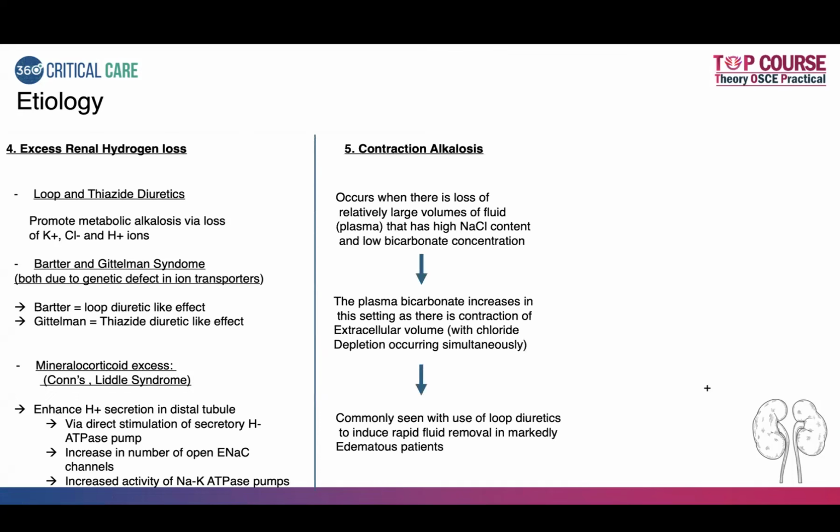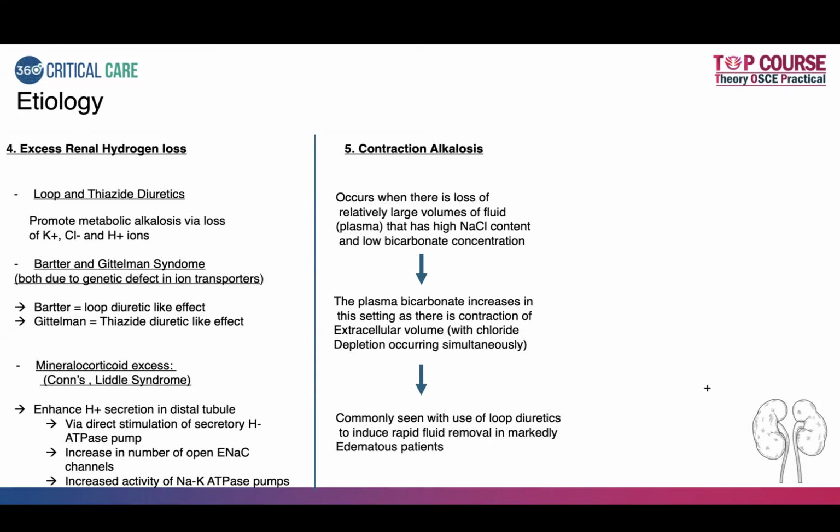So one of the most common causes of metabolic alkalosis that is seen in the ICU is contraction alkalosis. So it occurs when there is loss of relatively large volumes of fluid, that is plasma, that has a high sodium chloride content and a low bicarbonate concentration.